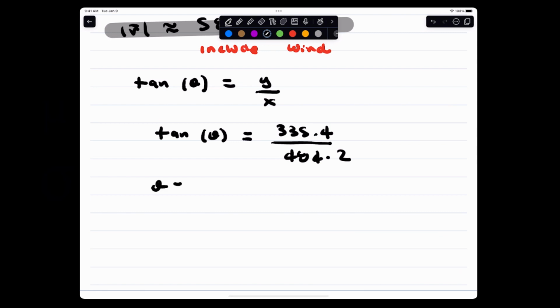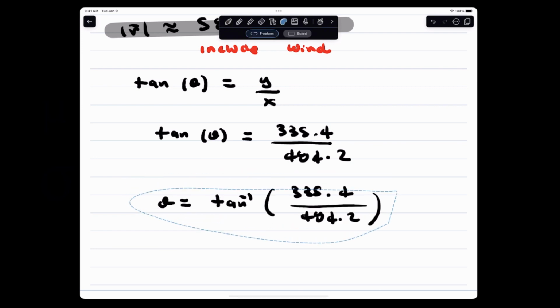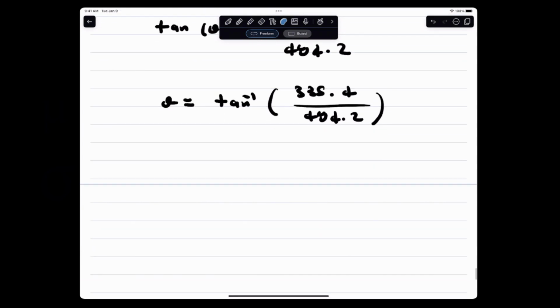Okay? And what that now means is theta is going to be inverse tangent of what? 335.4 over 484.2. What's that going to give you?